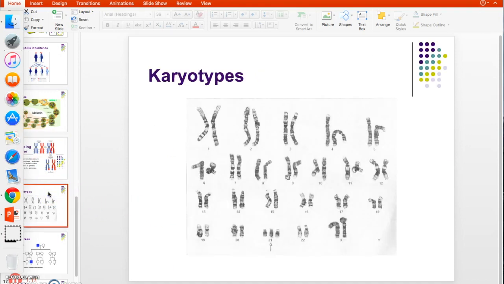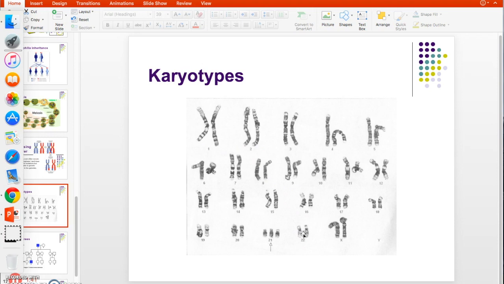We also looked at tools to help us evaluate chromosomes and genetics. One tool was called a karyotype, in which we look at pictures of an individual's chromosomes in order to evaluate a disorder. Karyotypes can also tell us the gender of an individual. The chromosomes are numbered in pairs from numbers 1 through 22, and those are called our autosomes.